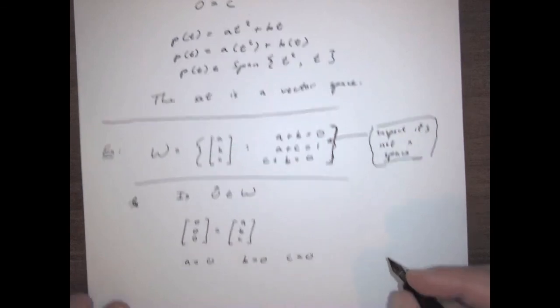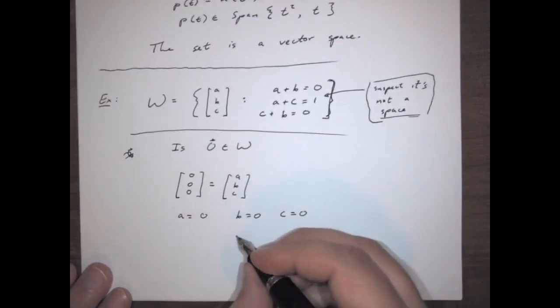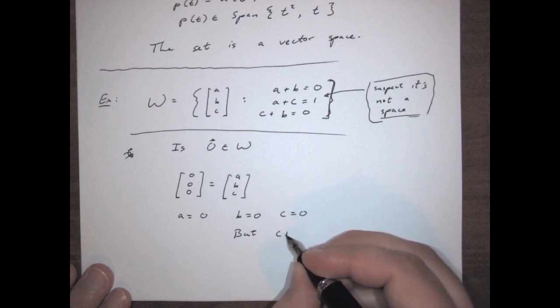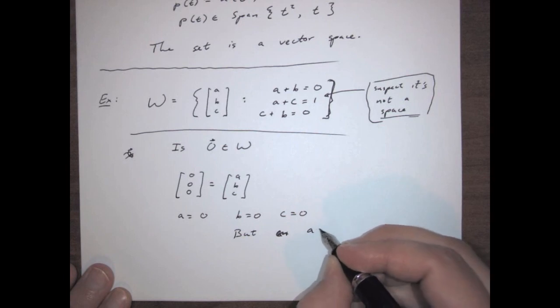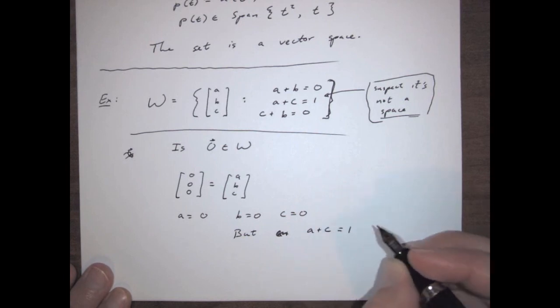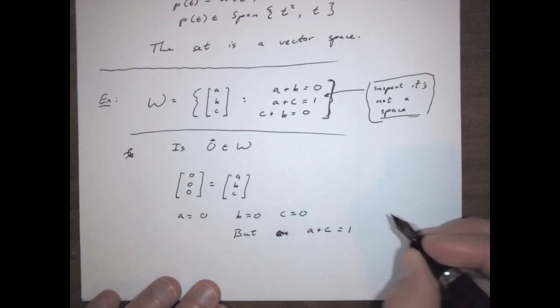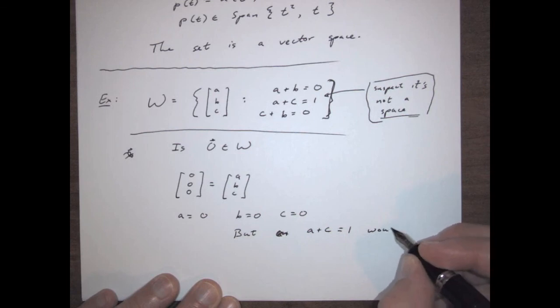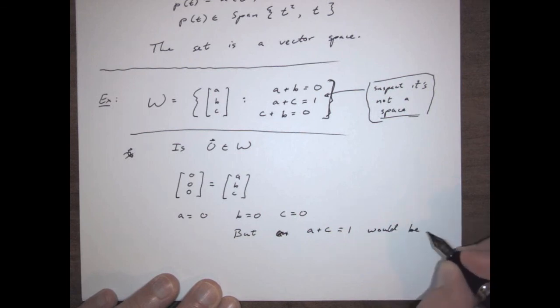But we have relations between the A, B, and C. But A plus C equals 1 would be false.